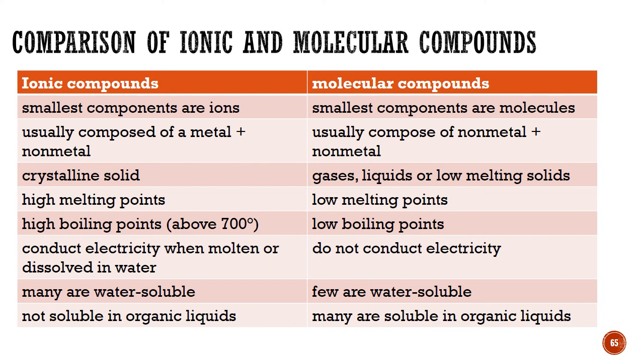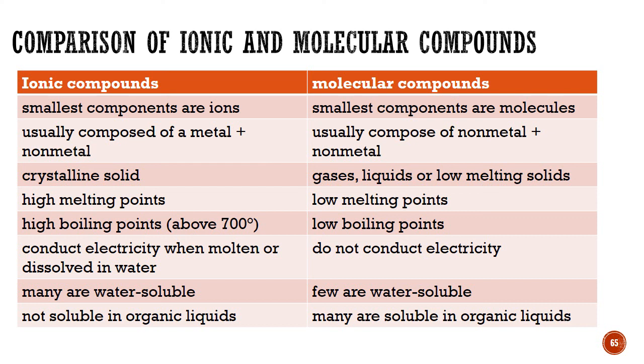Molecular compounds are generally composed of two nonmetals. Ionic compounds are crystalline. We said that last time. They're very rigid. Molecular compounds can be gases, liquids, or low-melting solids, and they're not very regular. Ionic compounds tend to have high melting points, molecular compounds tend to have low melting points, ionic compounds have high boiling points, and molecular compounds have low boiling points.